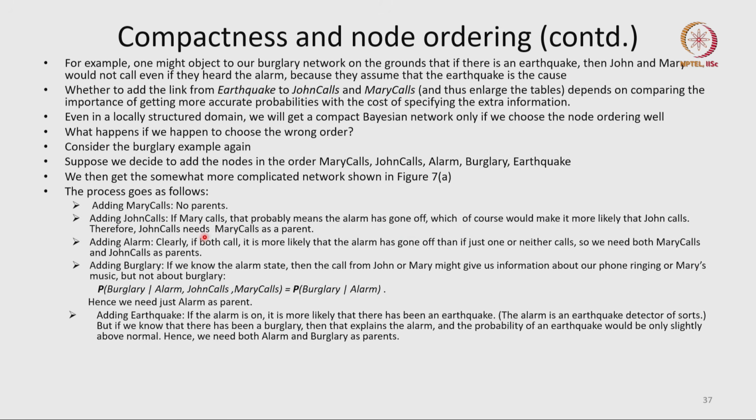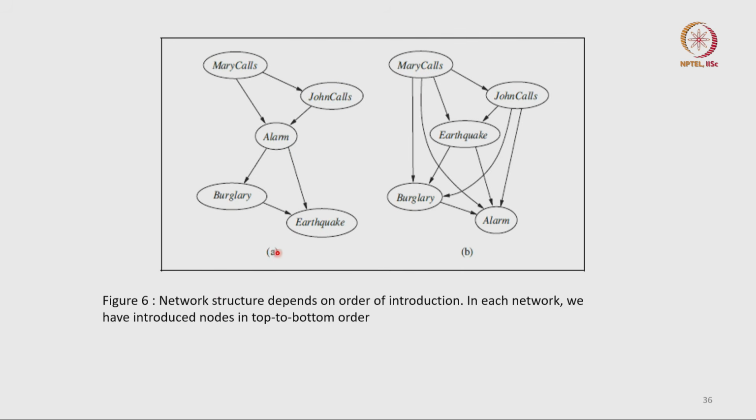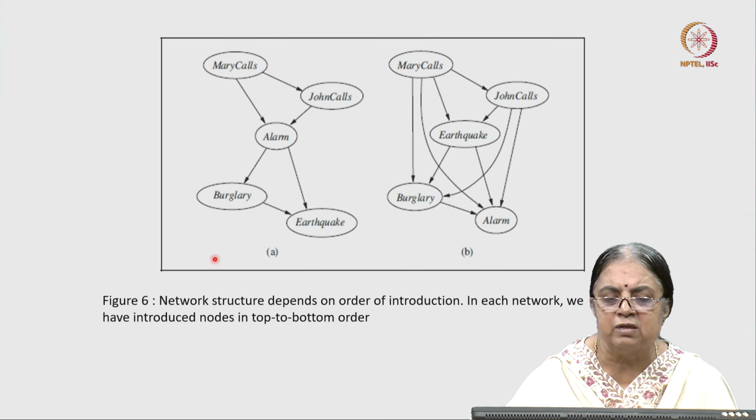Therefore, John calls needs Mary calls as a parent, etc. If you go through all these in this particular order, what you are going to get is this Bayesian network, which makes things a little more complicated than what we had in the previous case.